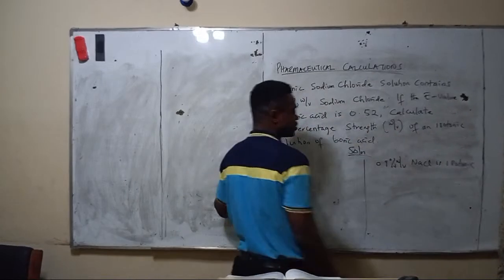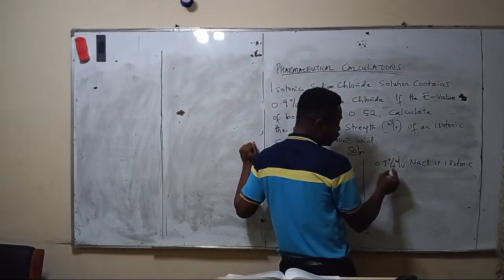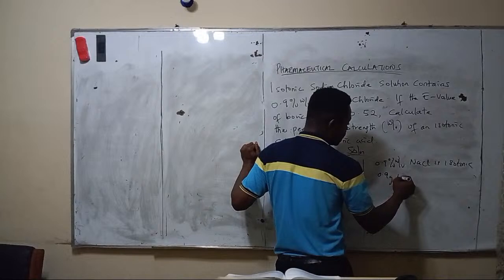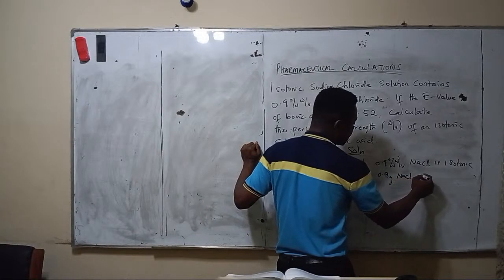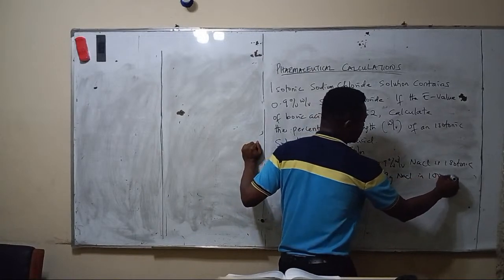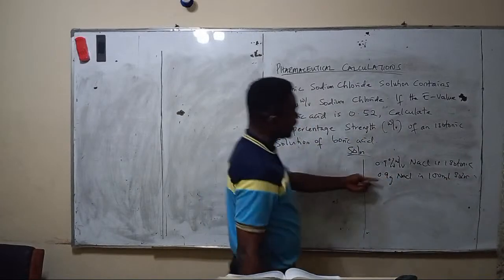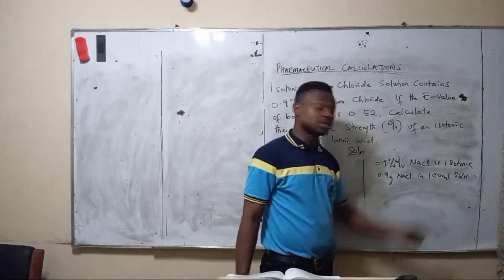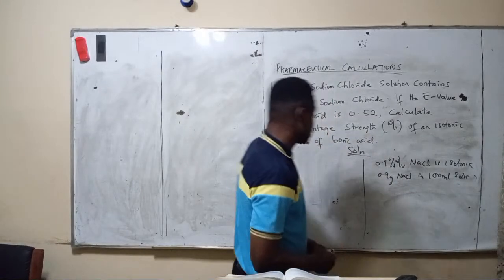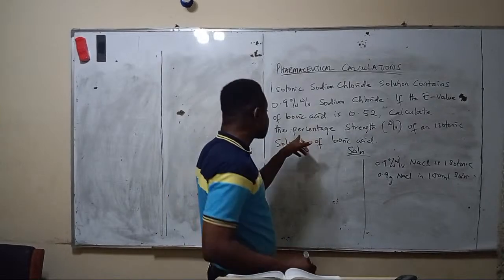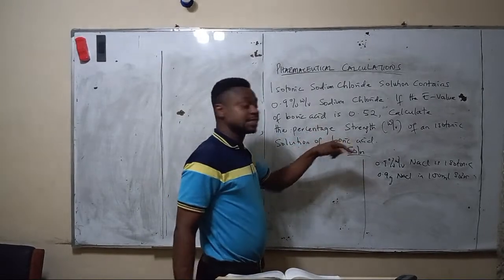So if it is isotonic, we break this down to the actual meaning. This means 0.9 gram of what? Sodium chloride in what? 100 ml solution. So 0.9 gram of sodium chloride in 100 ml solution is isotonic. Now, but we are told what is the percentage of boric acid that will be isotonic.